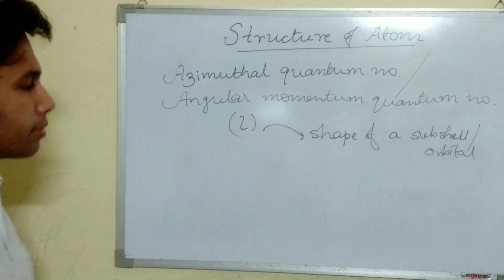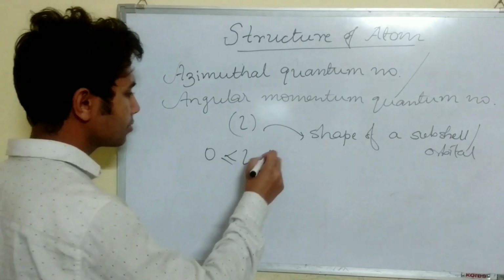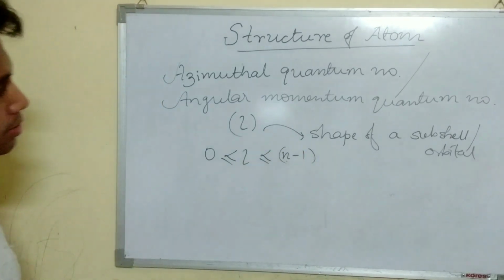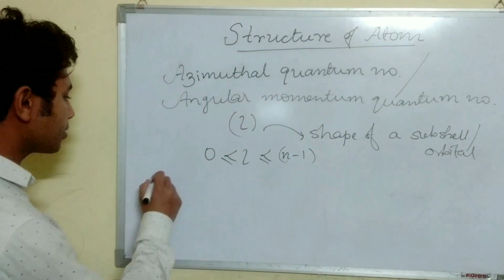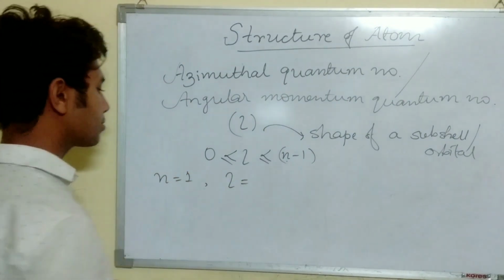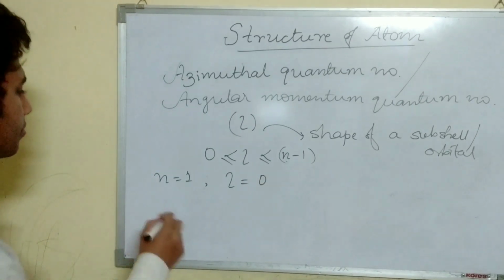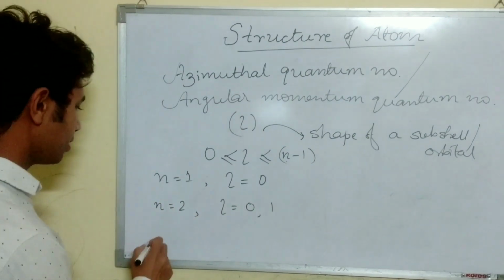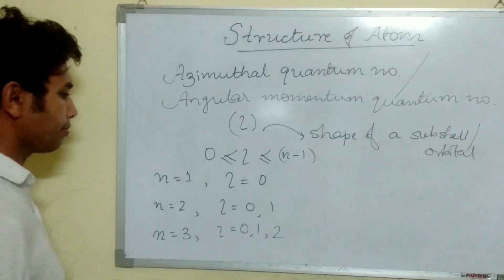The value of l goes from 0 up to n minus 1, where n is our principal quantum number. Now if we have n equal to 1, we will have l equal to 0. If n is equal to 2, l is equal to 0, 1. If n is equal to 3, l is equal to 0, 1, 2.